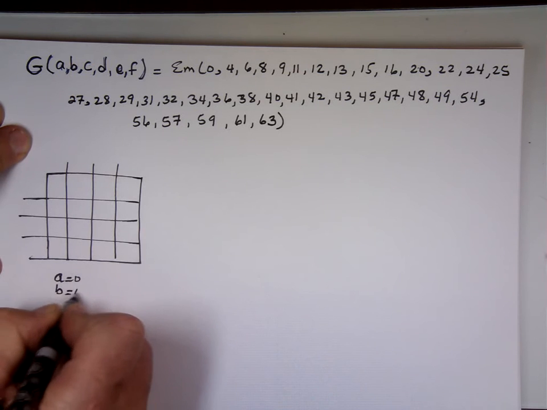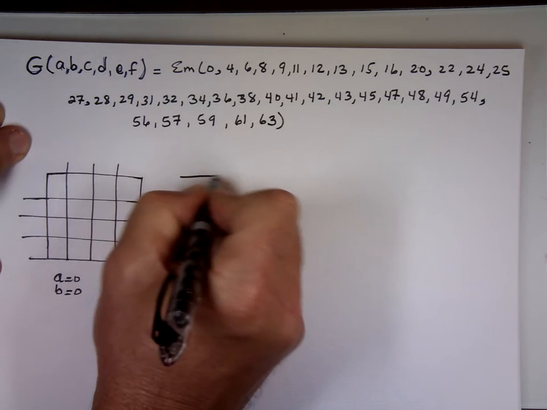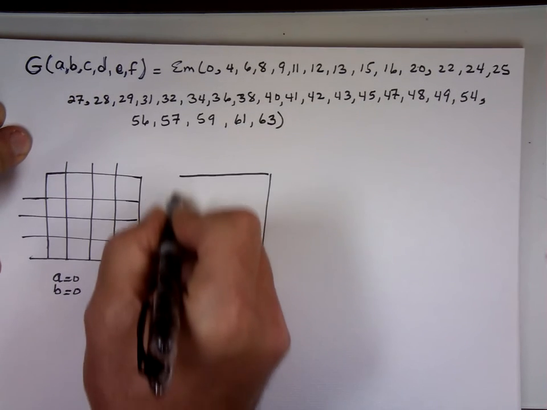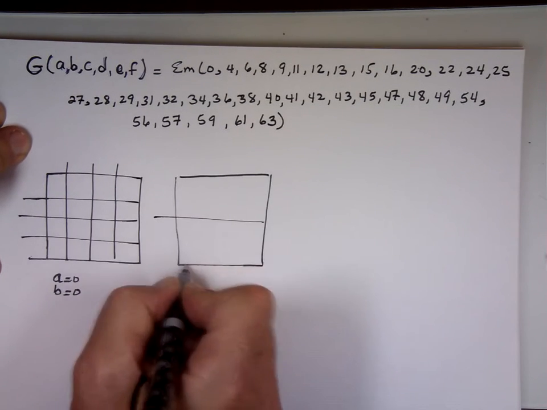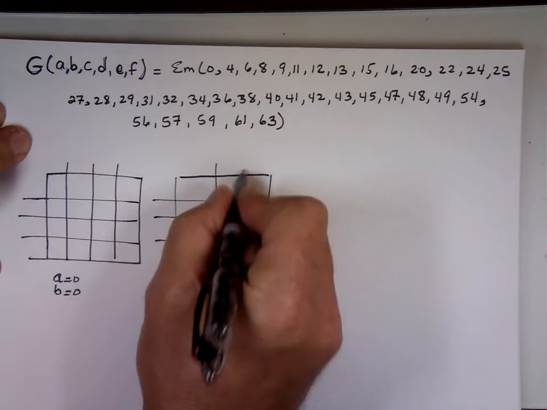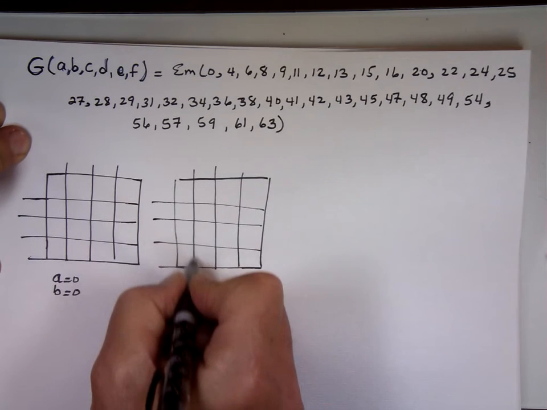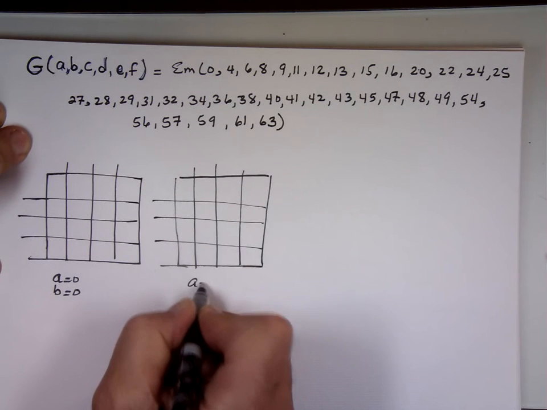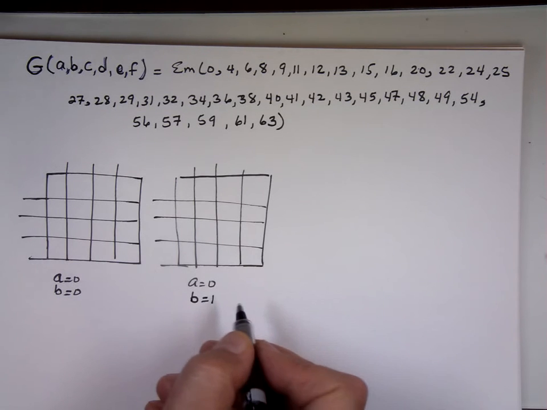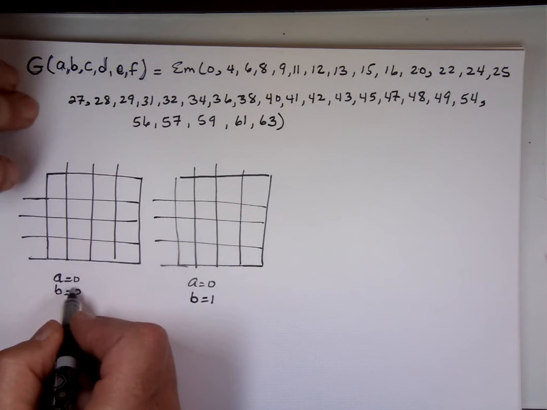Right next to it. A equals 0, B equals 1. Right, that's 0, 0, 0, 1. Right next to it.